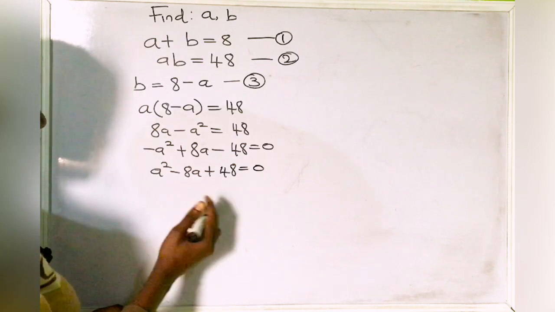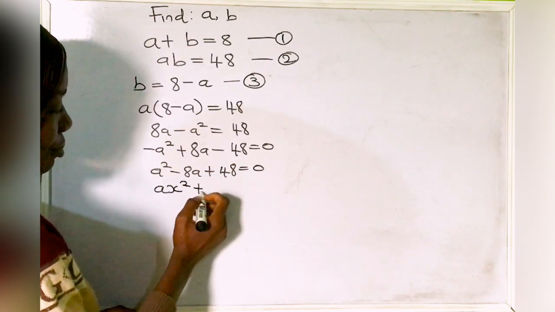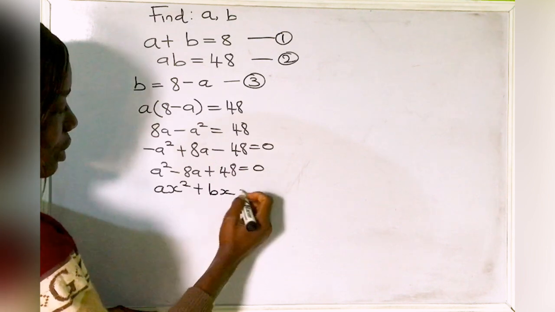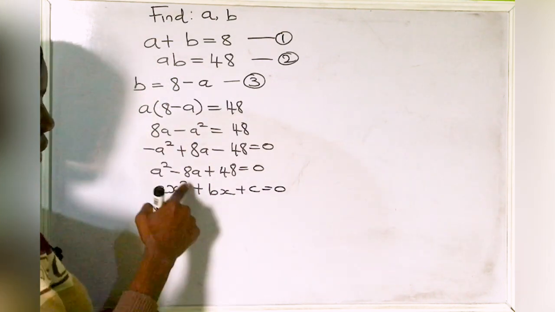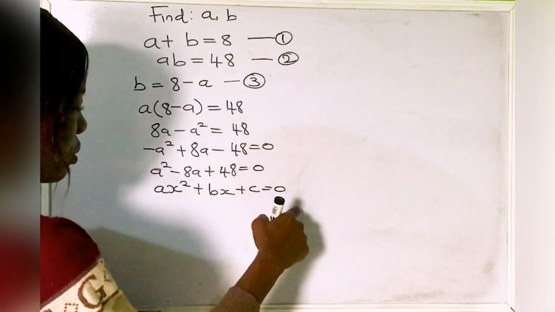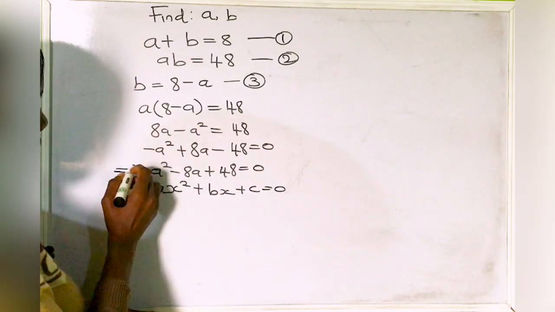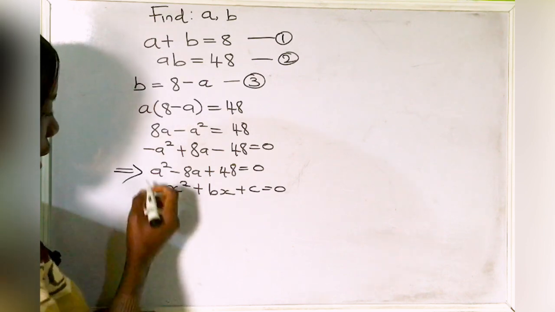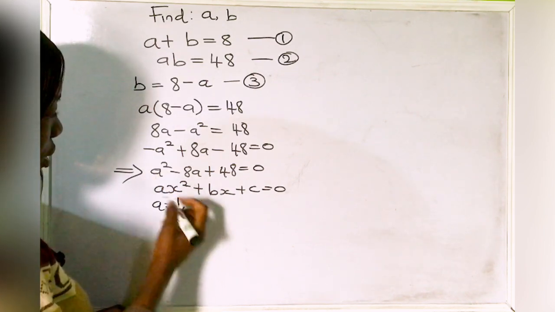Now, we are familiar with this general form of writing a quadratic equation where you have ax squared plus bx plus c is equal to 0. So here we are going to be factorizing this equation. And here the value of our a is what? 1. The coefficient of a squared is 1.